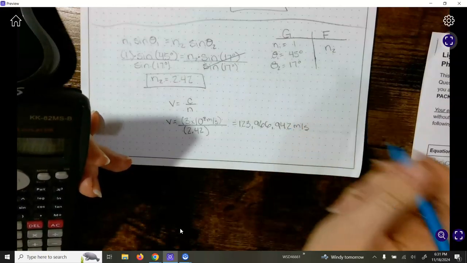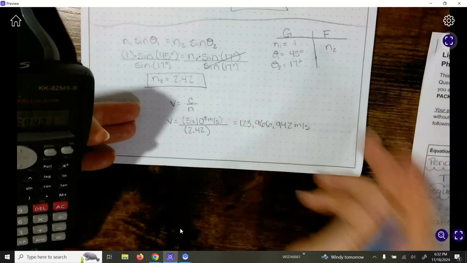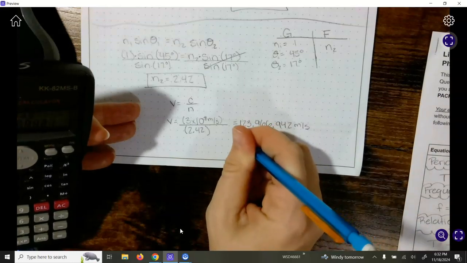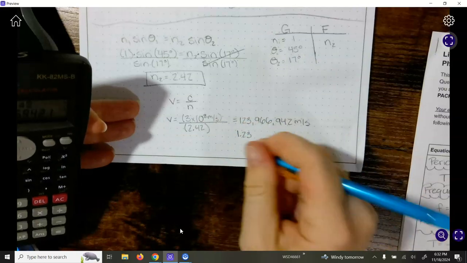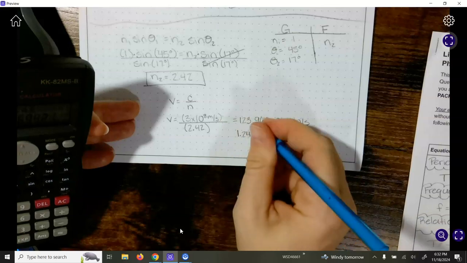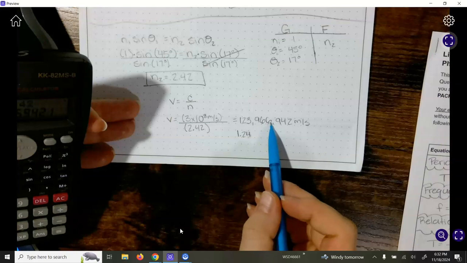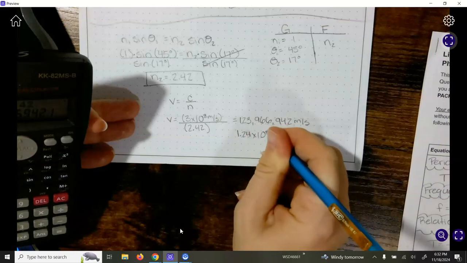This is meters per second because it's a velocity, but if I wanted to write this in scientific notation, because usually I do, I would put the decimal in between the first two numbers, 1.23. I would probably round the 3 to a 4, actually, because of that 9 right there. And then I would count 1, 2, 3, 4, 5, 6, 7, 8, times 10 to the 8th meters per second.